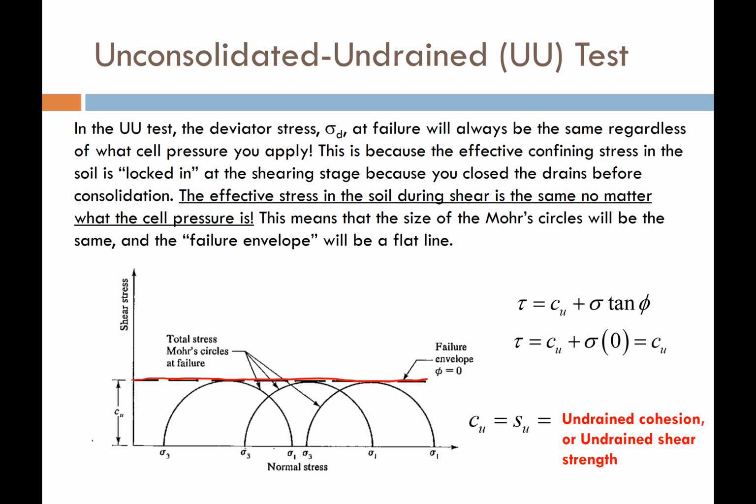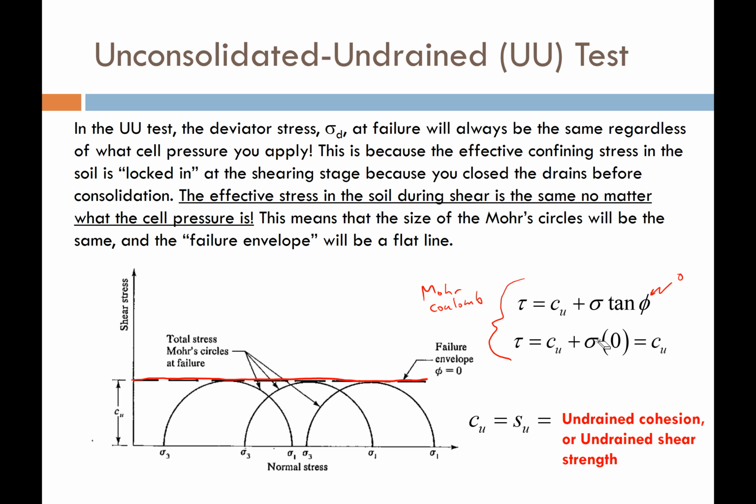That implies then, if I look at my Mohr-Coulomb equation, where shear strength is a function of cohesion and a function of friction, that if phi equals 0, then my tangent of phi also equals 0.